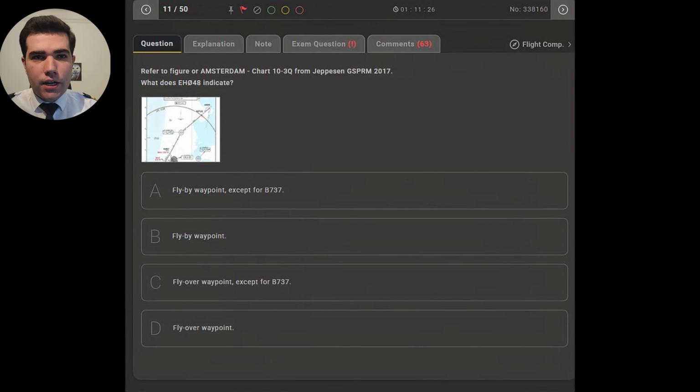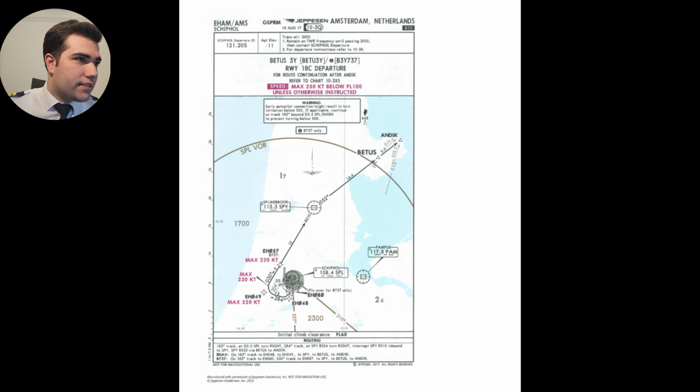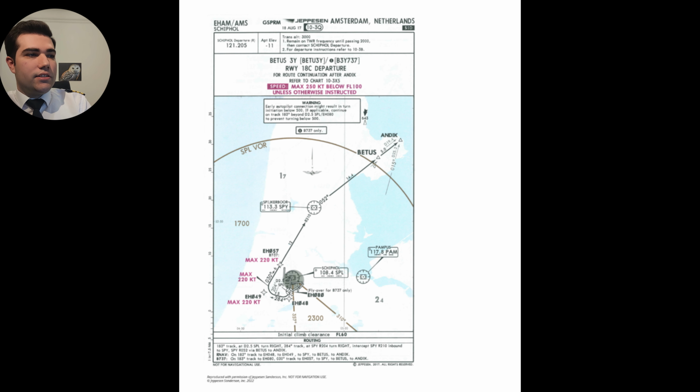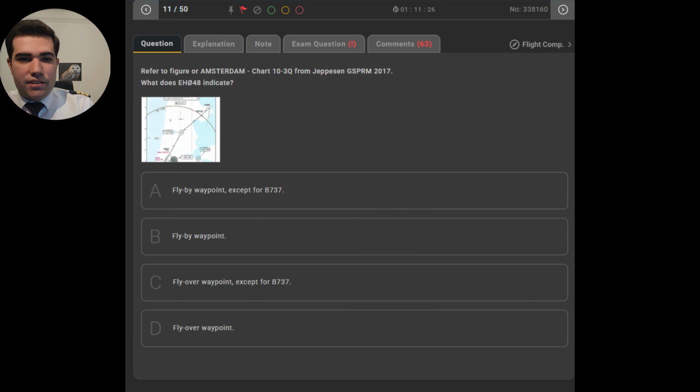For question 5, we have: what does Echo Hotel 048 indicate here? All right, so let's open our annex. As I can see, it's from the Netherlands. Okay, as you can see from the departure, it's right at the bottom, Echo Hotel 048. As you look at the answers A, B, C, D, it's mostly about Boeing 737.